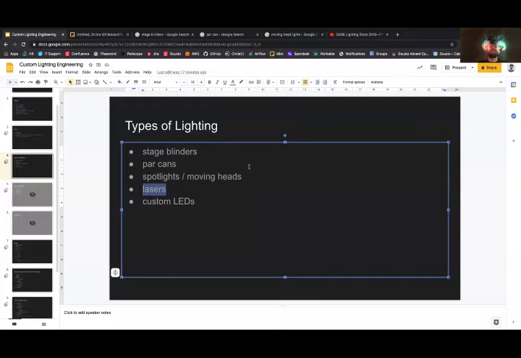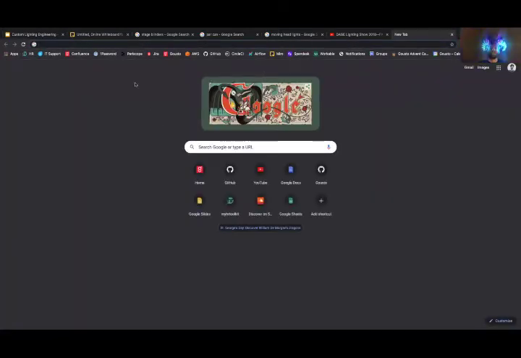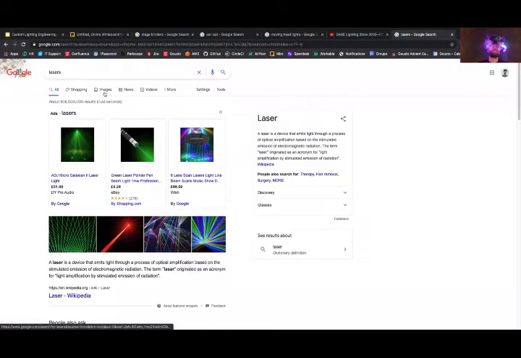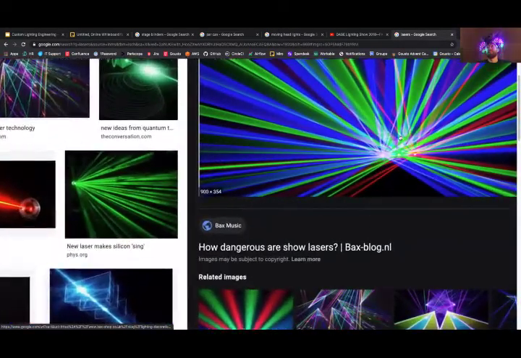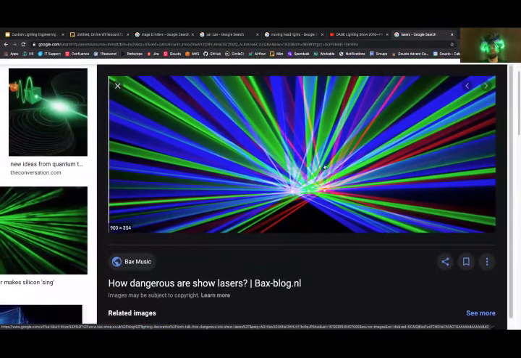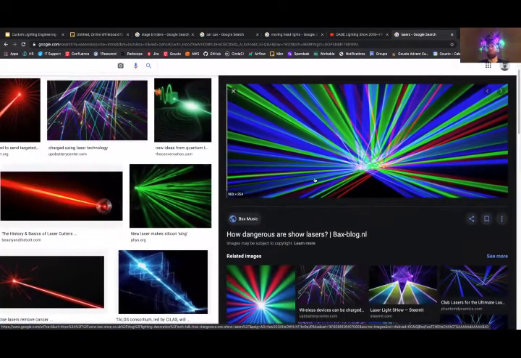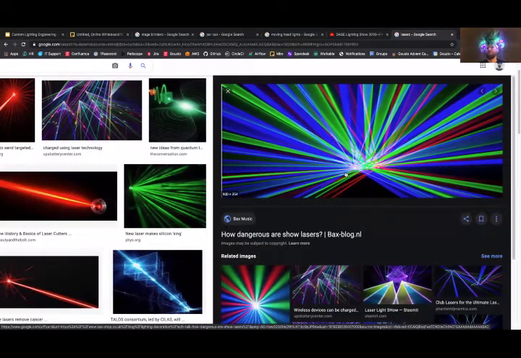And finally, lasers. So we all know what lasers look like. Let's just reiterate. Lasers are objectively awesome. They have the narrowest beam of light of all, the most concentrated light, the most luminous intensity, which is the amount of photons that travel through a unit surface area per unit time.